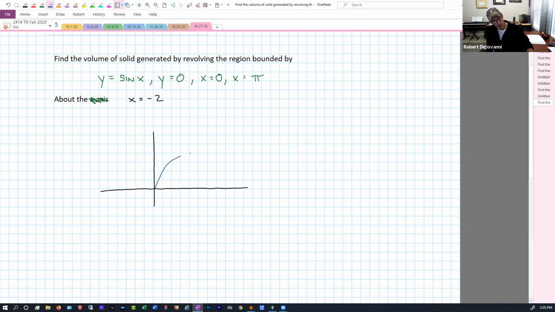Still have the sine curve. Still have this region. Still know this goes from 0 to pi. But our axis of rotation this time is back here.